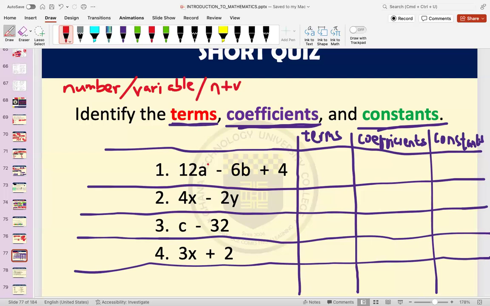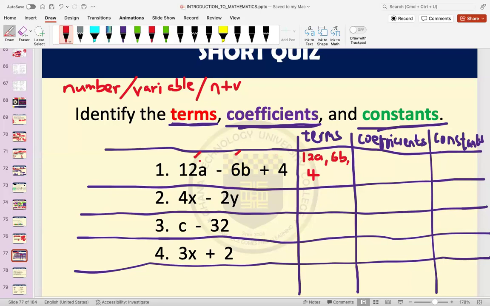This is a combination of number and variable, so this is our first term. Number and variable, second term. Number alone, third term. So our terms are 12a, 6b, and then 4.